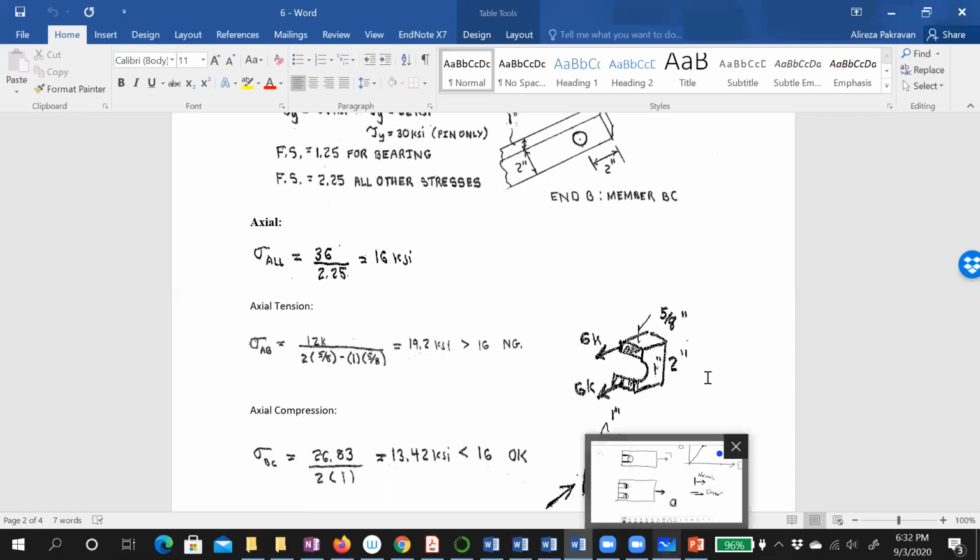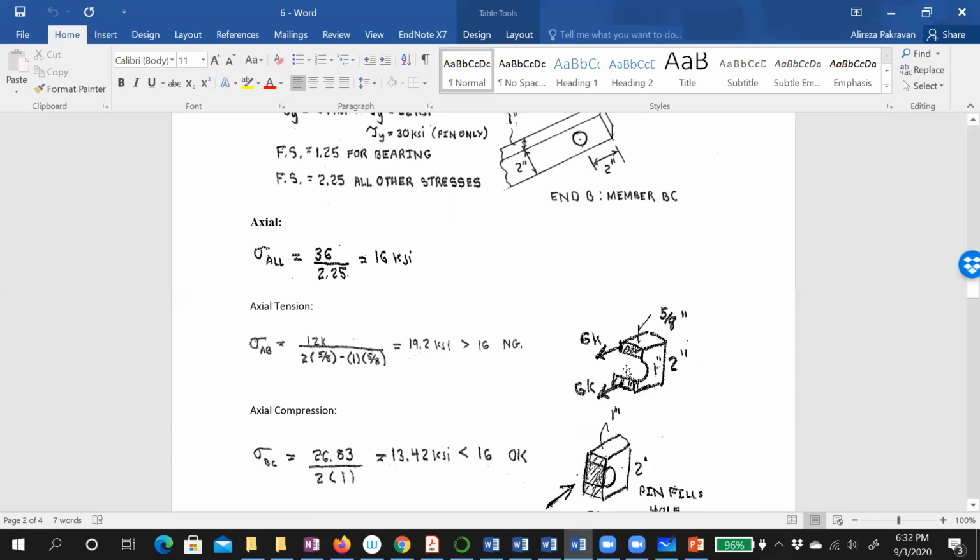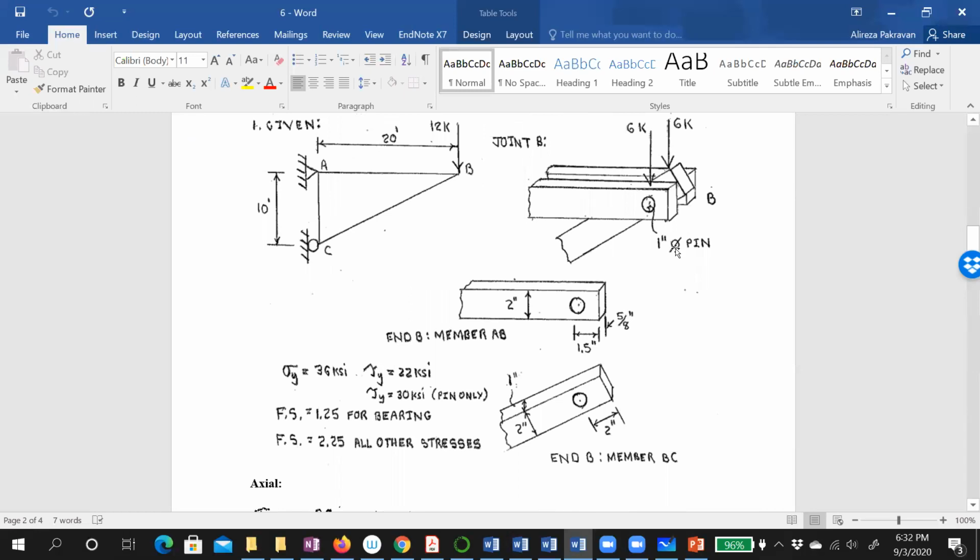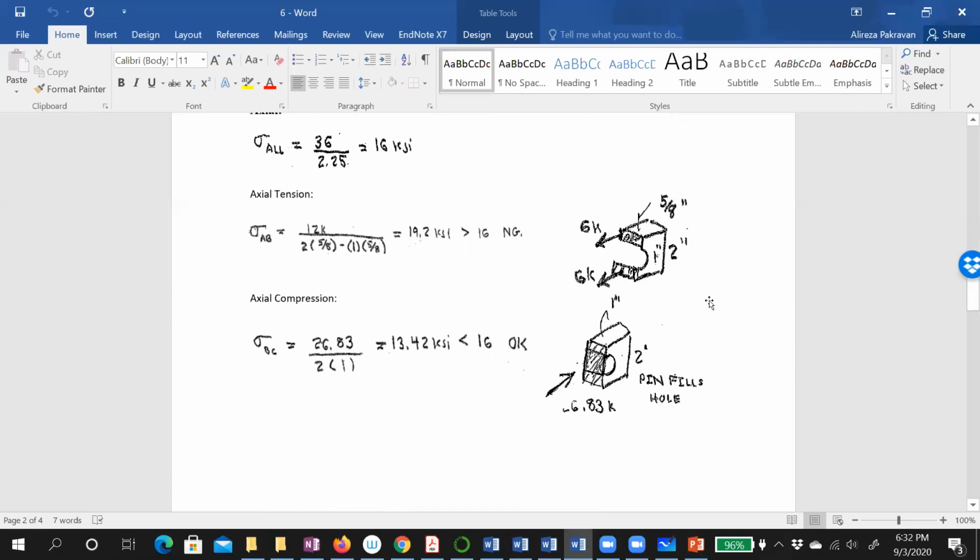And the 1 is like the width. One is the diameter of the hole. This diameter of the hole is given as a 1 inch pin, which means the pin has a 1 inch diameter, right? Does it make sense?